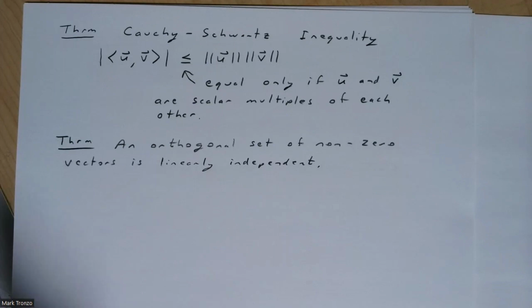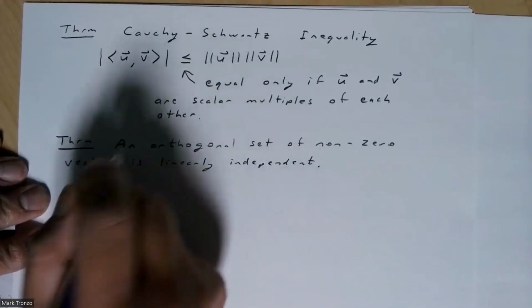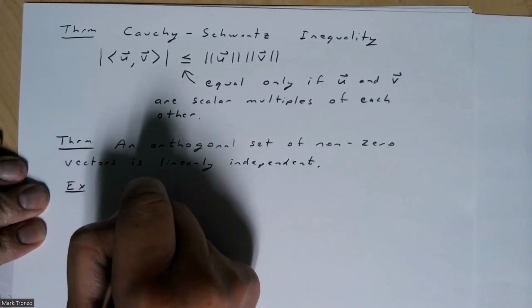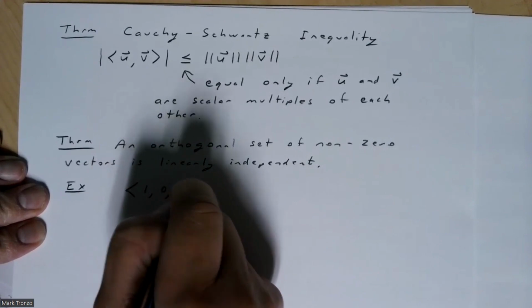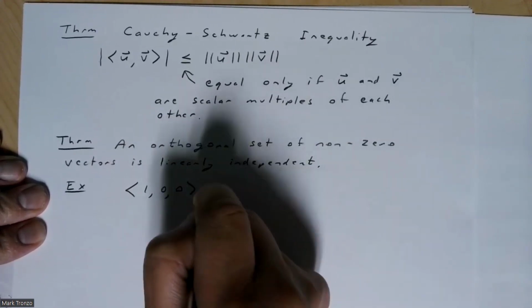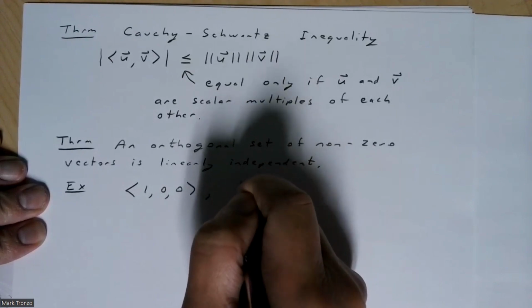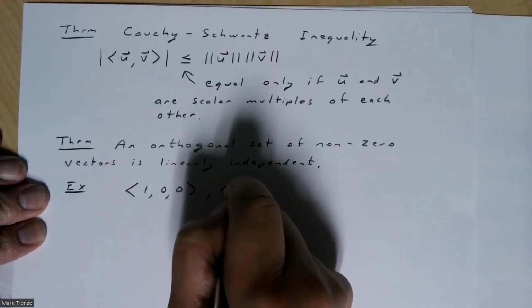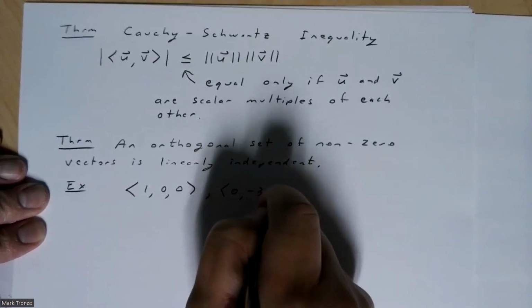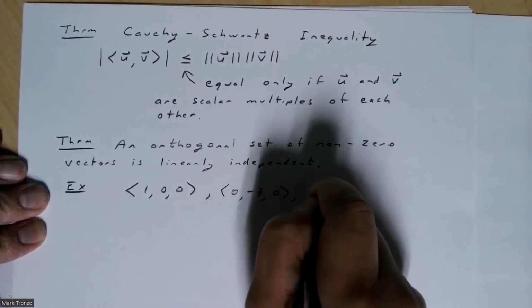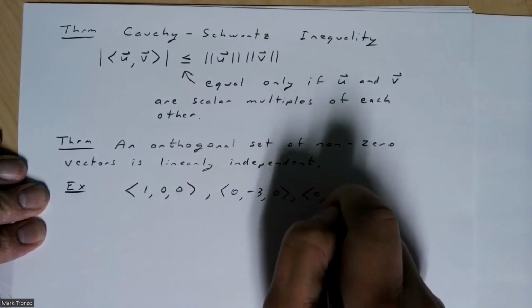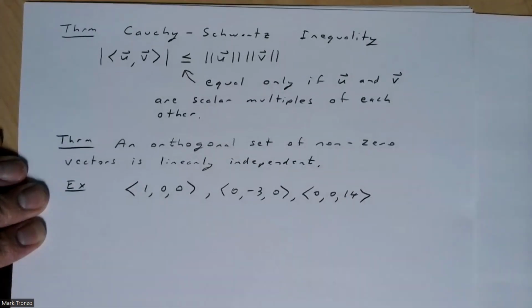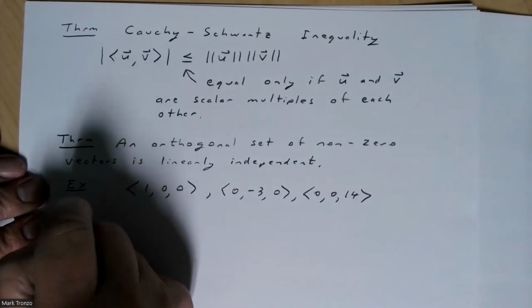And the most obvious, let's just pick an example here. Let's say you have 1, 0, 0, and let's say you have, let me just use sort of the standard, -3, 0, 0, and 0, 0, 14. And let's say our inner product is the dot product.